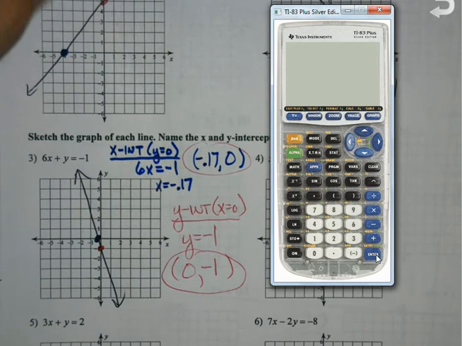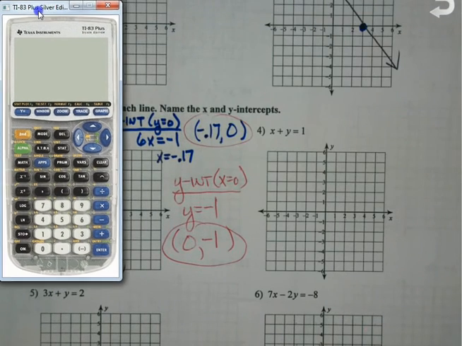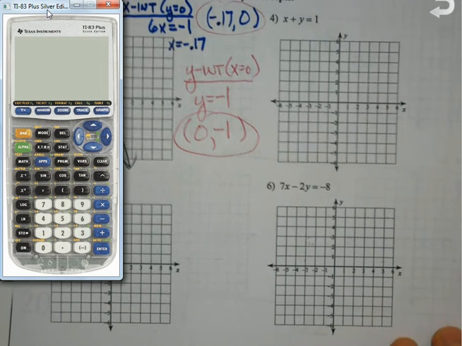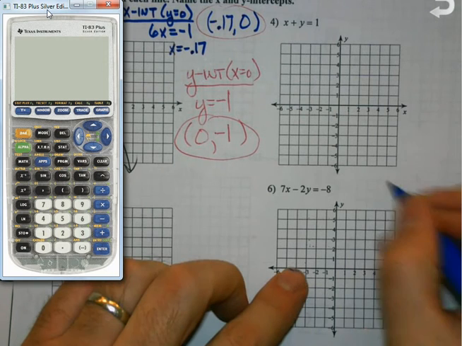So let's do another one down here that comes out a little better. Let's do number 6. I like doing the ones with you that turn out kind of ugly so we can make sure we got this. All right. So number 6, same idea.